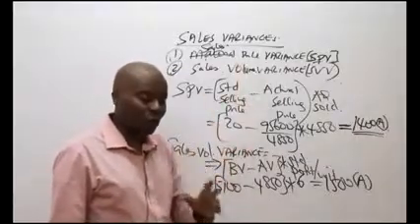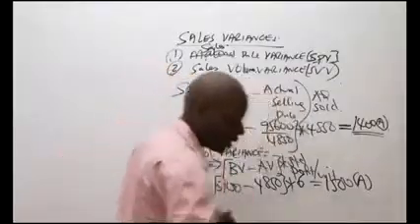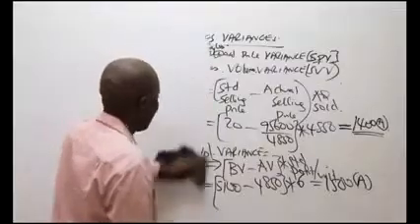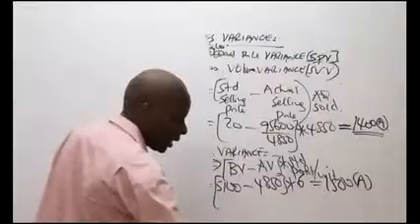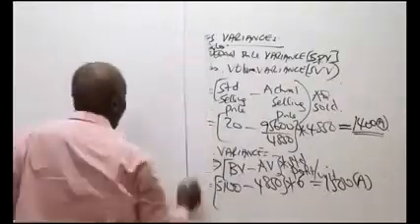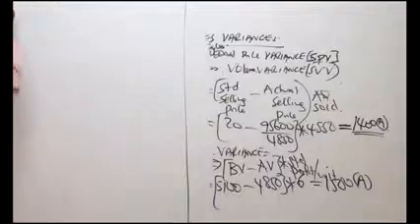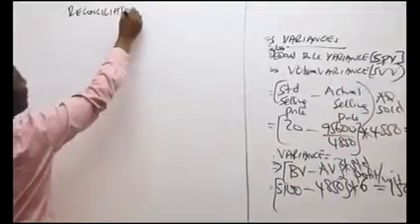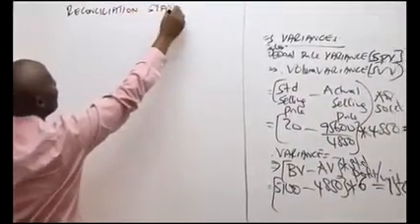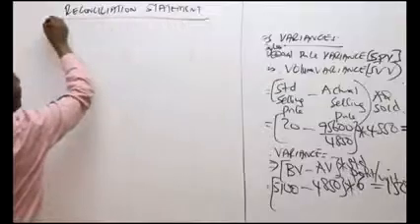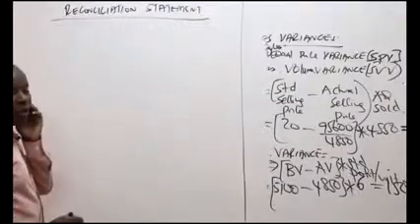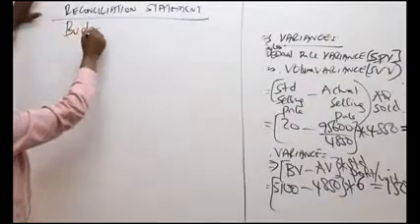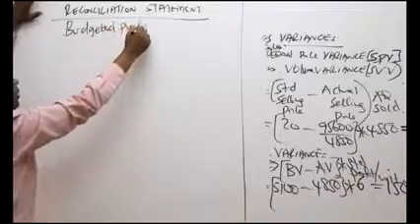The only thing that we need to do for us to go and relax is to come, ladies and gentlemen, and do a reconciliation, a reconciliation statement, also known as an operating statement, where we shall start with budgeted profit.